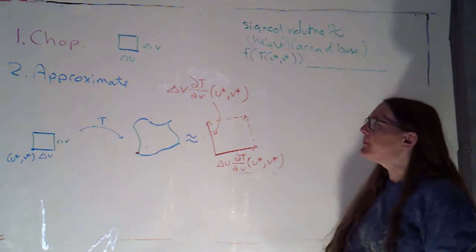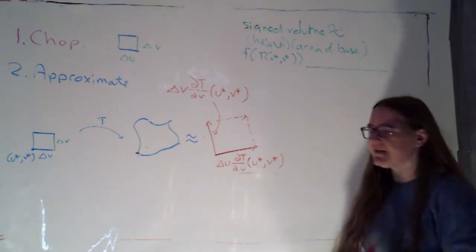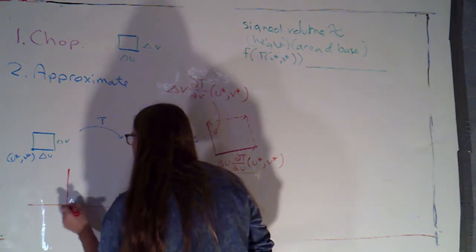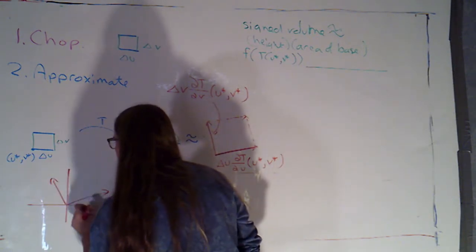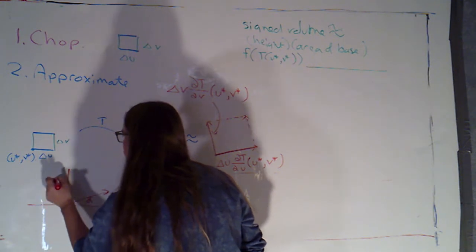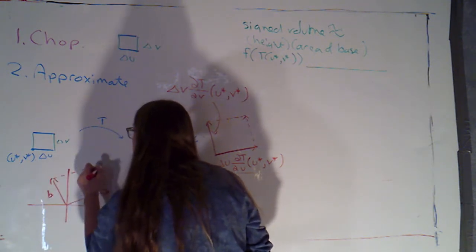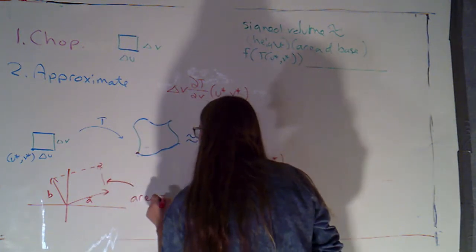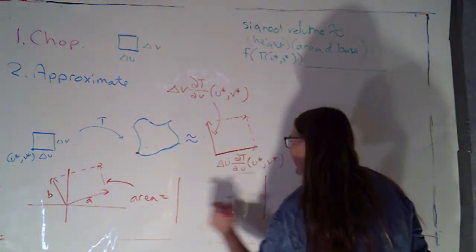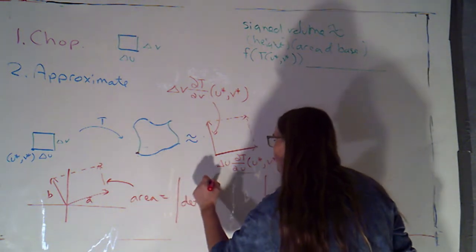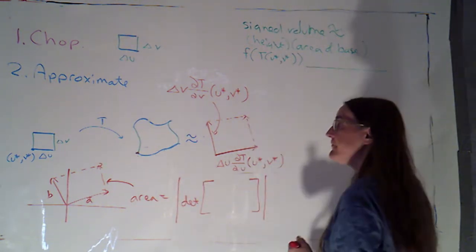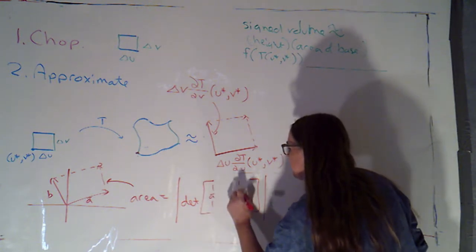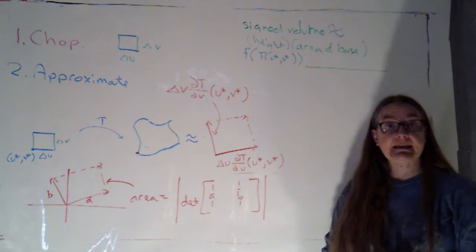I just have to remember way back when, at the beginning of the semester, we learned how to calculate the area of a parallelogram determined by 2 vectors A and B in 2 space. And what we determined was that the area was the absolute value of the determinant of the matrix we could get by putting A in as the first column and B in as the second column.